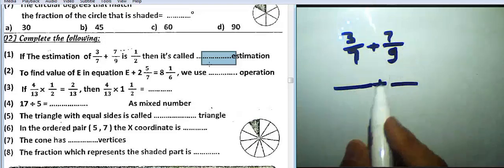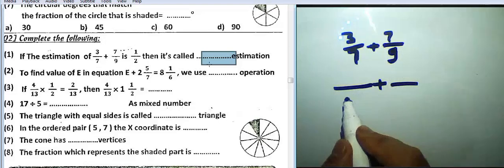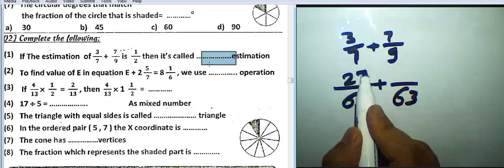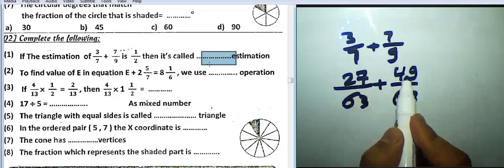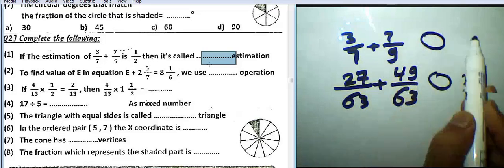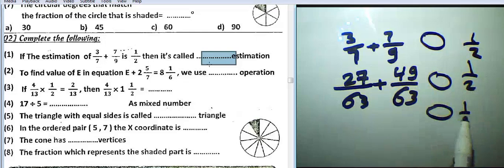Right, 63, 3 in the numerator. 3 times 9 equals 27, 7 times 7 equals 49, and we can add them. The result will be what? We must compare between the actual number and the estimation to put underestimation or overestimation.